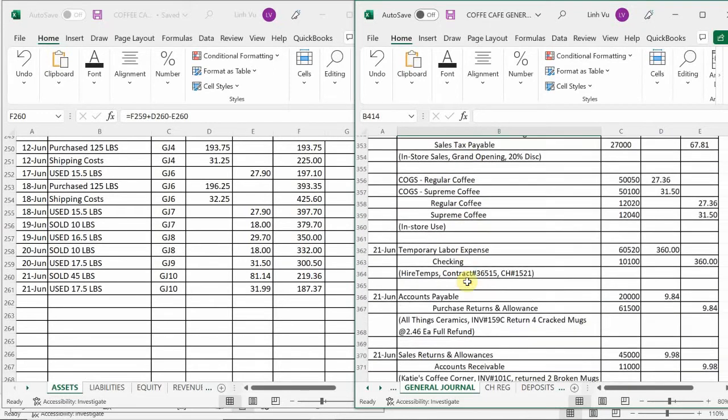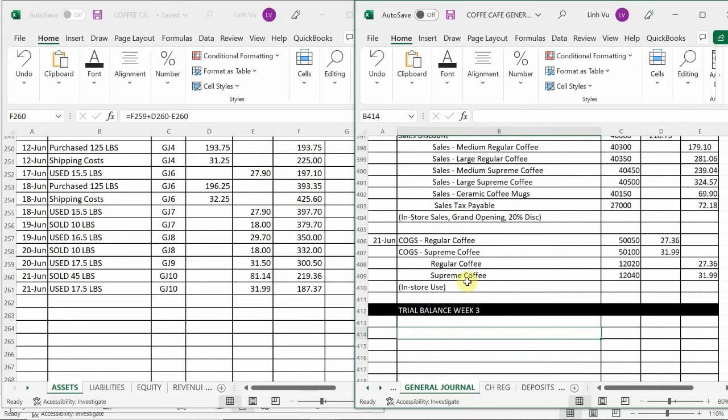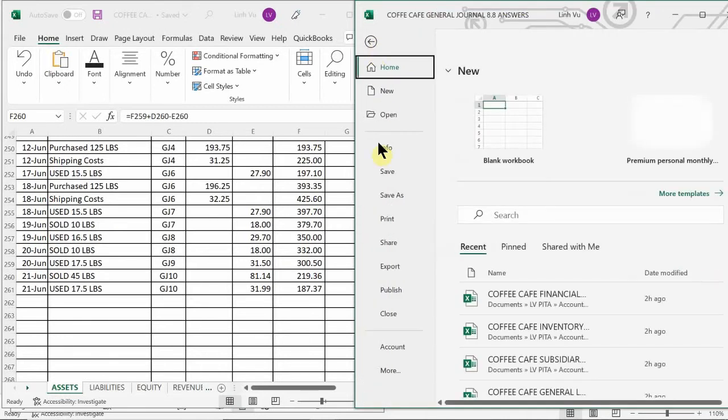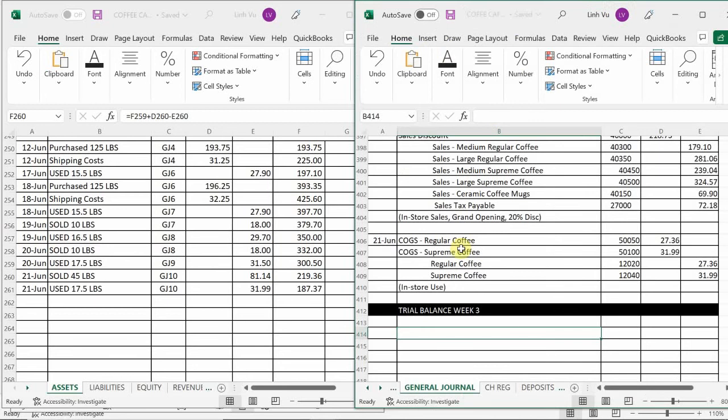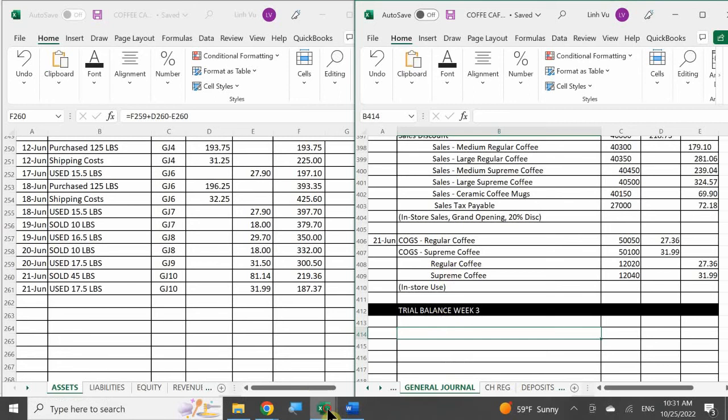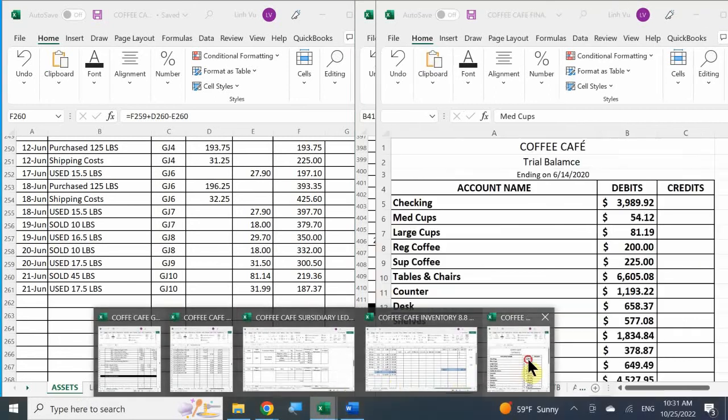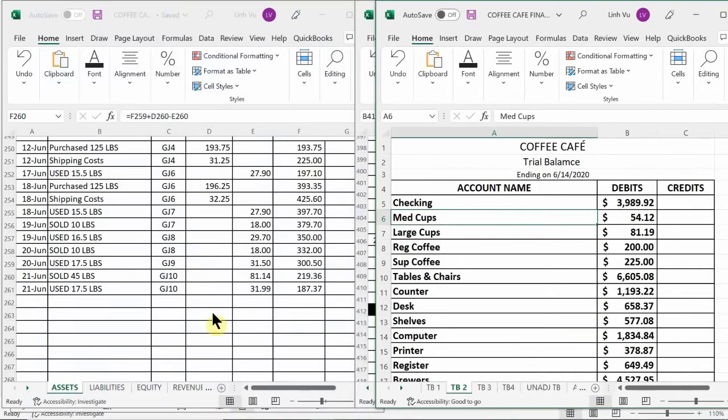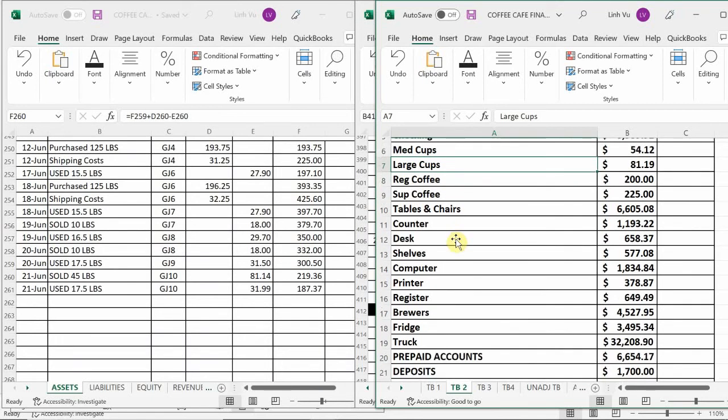Okay, I'm going to save this. We only do the journal in case there's a mistake in the ledger from transferring the information. But all you really need to complete the trial balance is the general ledger and your financial forms, whichever one you have available.